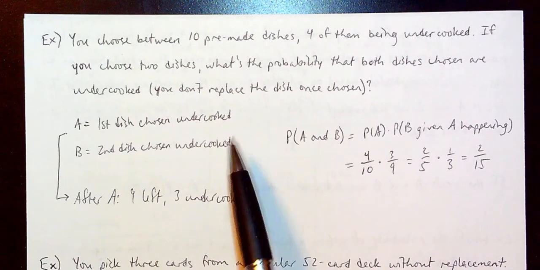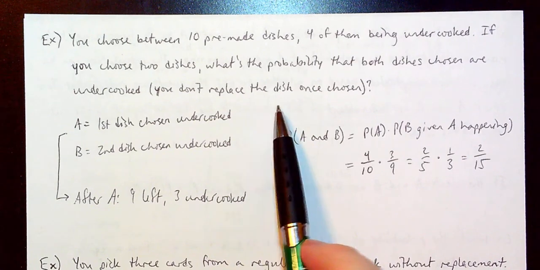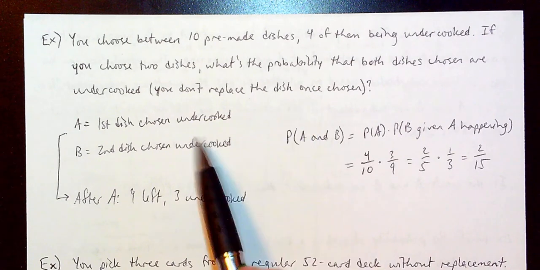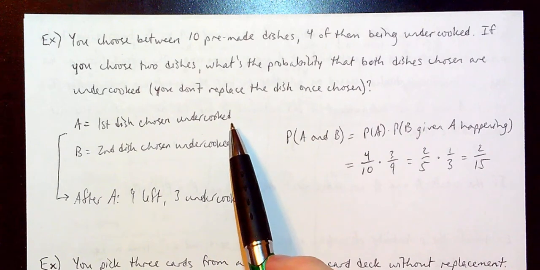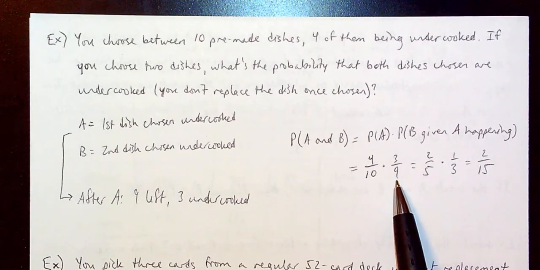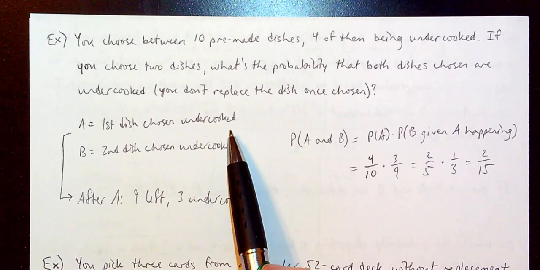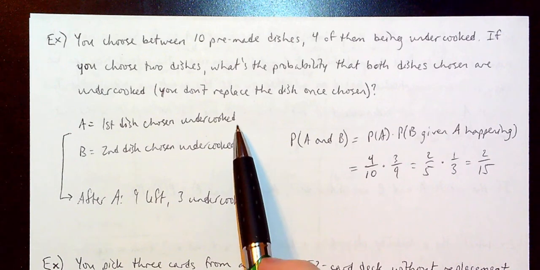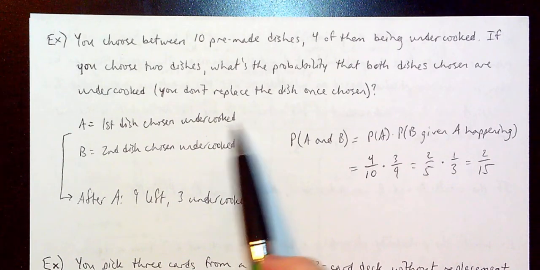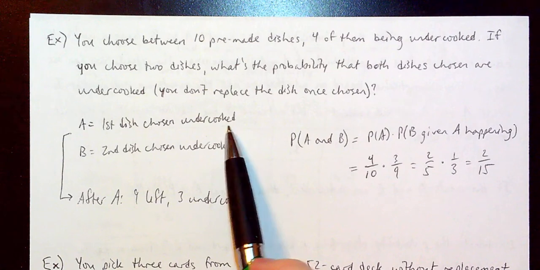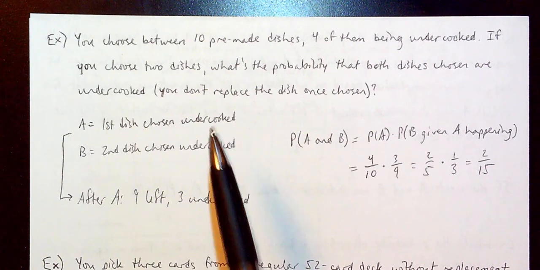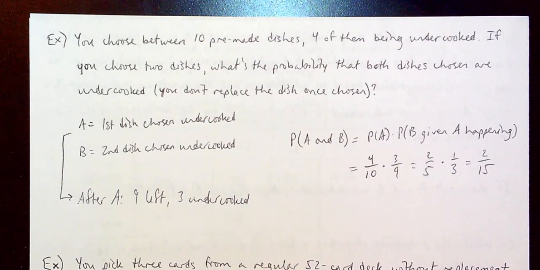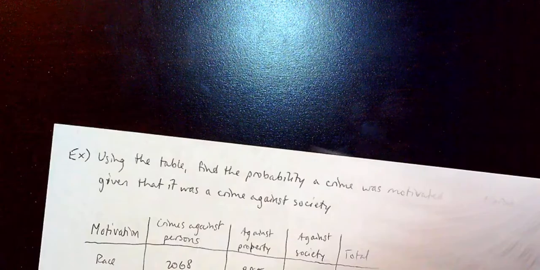So it's because we didn't replace that first dish that changes this just a little bit. That's what makes us say, okay, these events are dependent, because based on what the outcome of A is, that does have an impact on what B is.